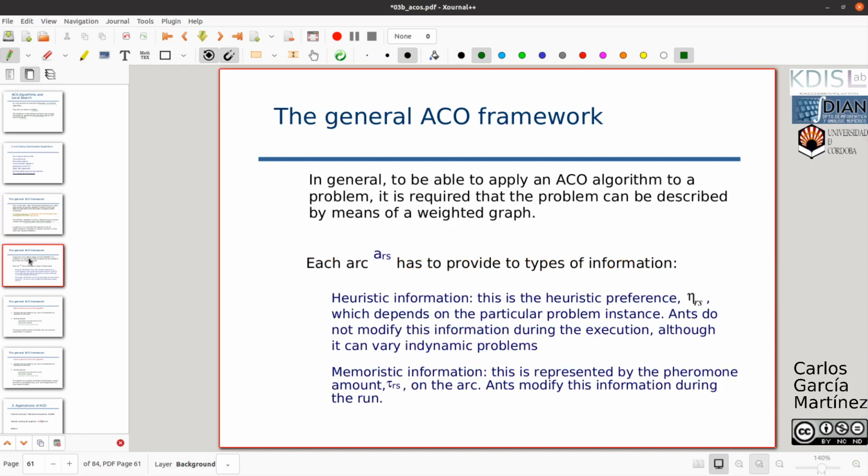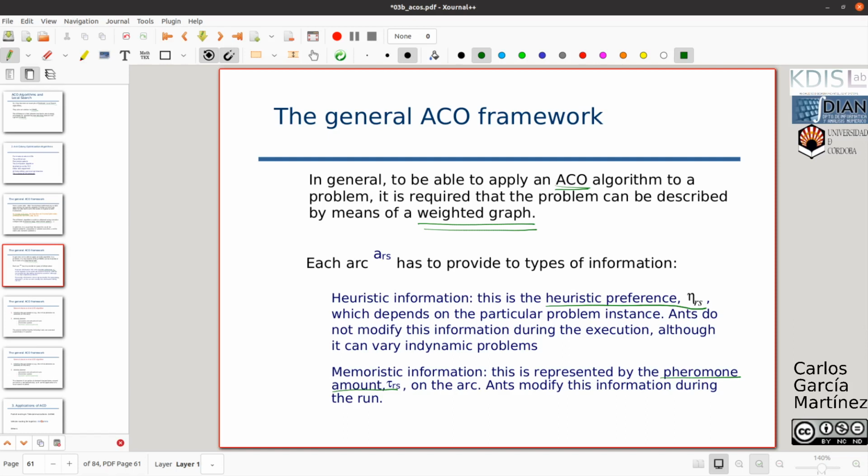The basic idea is that in order to apply an ant colony optimization algorithm, you have to represent your problem as a weighted graph, where there are arcs, and these arcs can tell the ants the heuristic preference they have, and they can also store the pheromone amounts they receive.